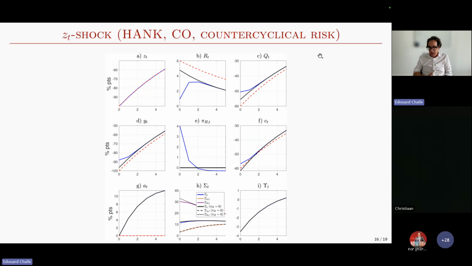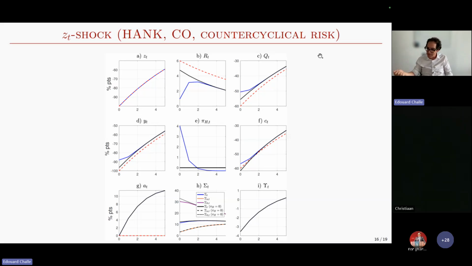And it's quite natural. Here, idiosyncratic risk is countercyclical. So for example, following a contractionary productivity shock, if you let the domestic consumption basket appreciate as much as in RANK, that would trigger a lot of expenditure switching, a large fall in output, and therefore a large increase in risk and in inequality.